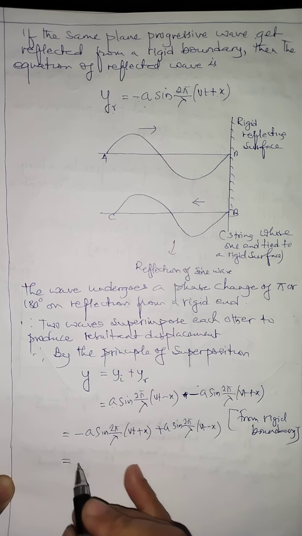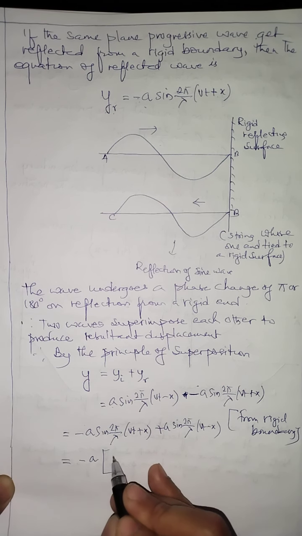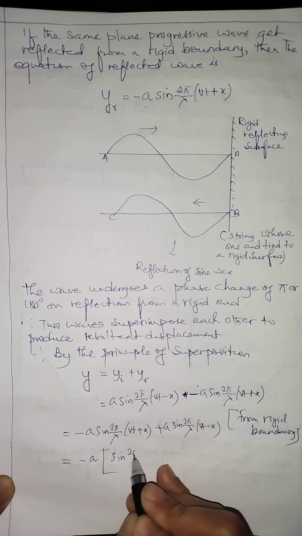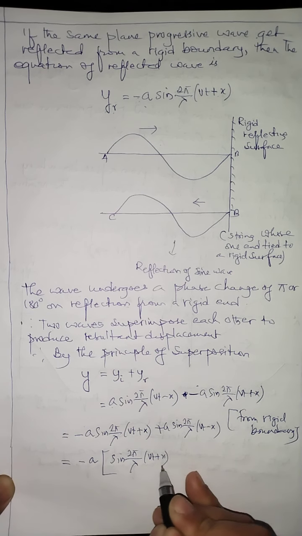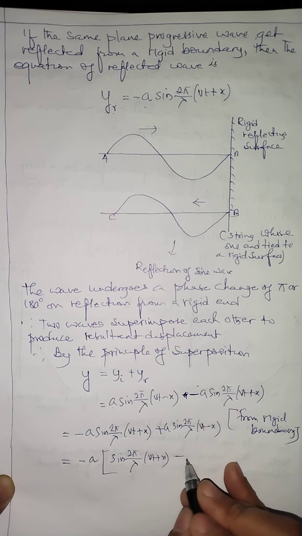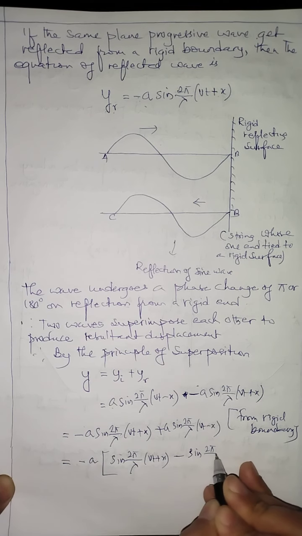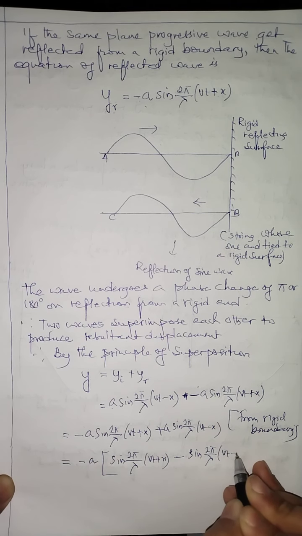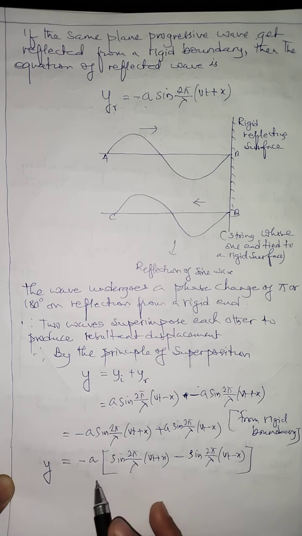Now I take the minus sign common, minus a. Inside the bracket it will be sine 2 pi by lambda (vt plus x) minus, since minus into plus means minus, sine 2 pi by lambda (vt minus x). So this is y.